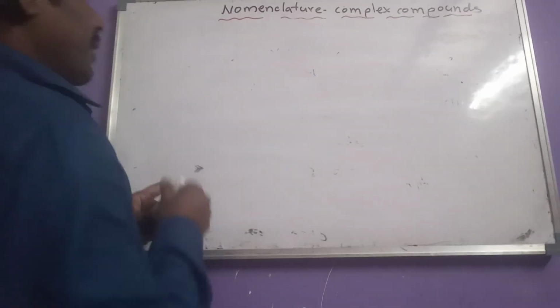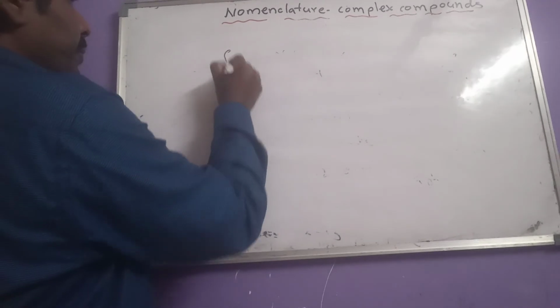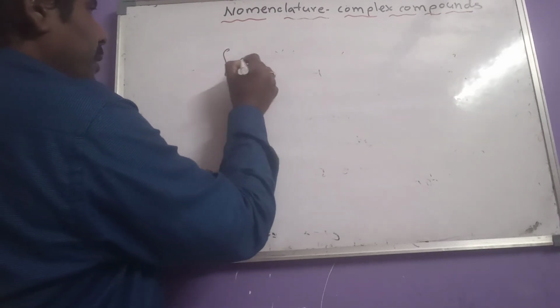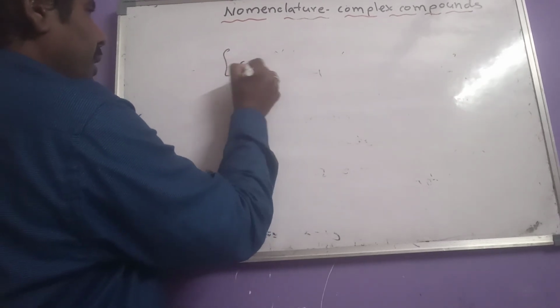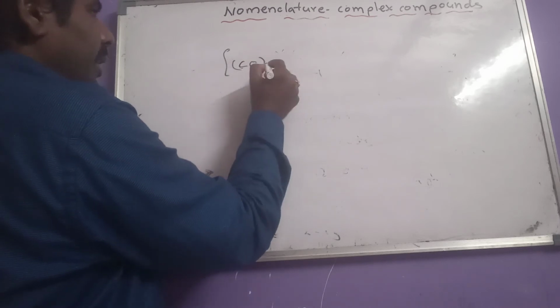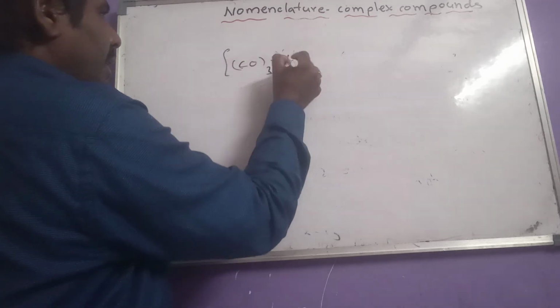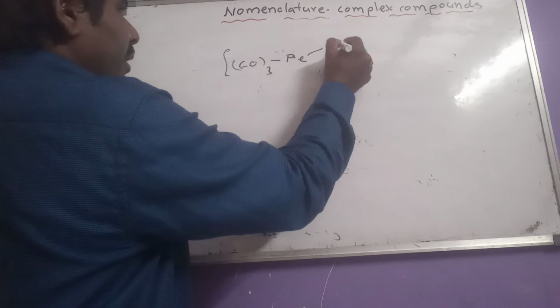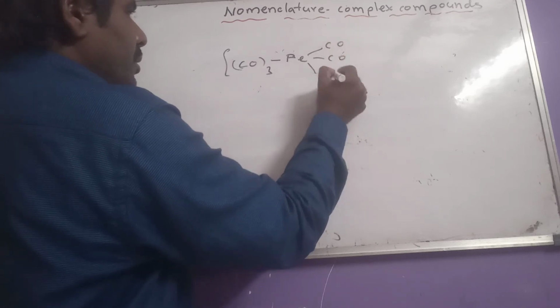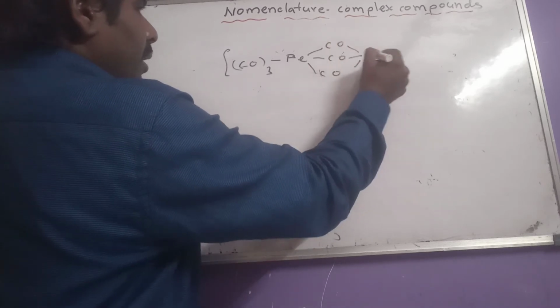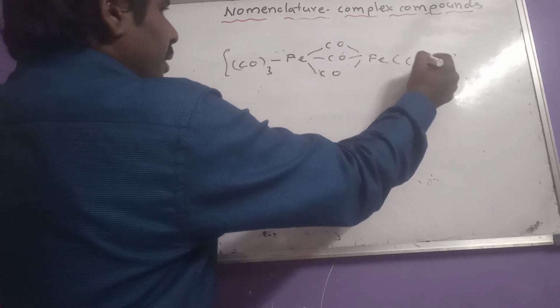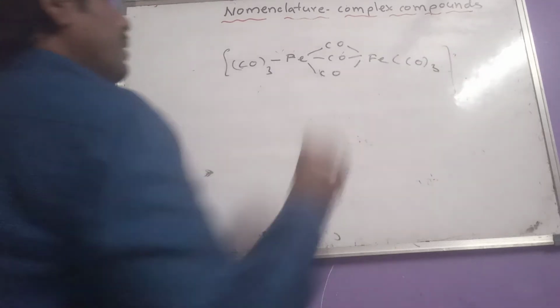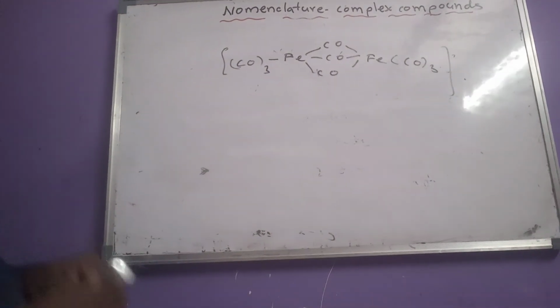For example, CO is the ligand here. Fe, CO taken thrice, and here also Fe, CO taken thrice, with CO in the middle. Now how to name this compound?